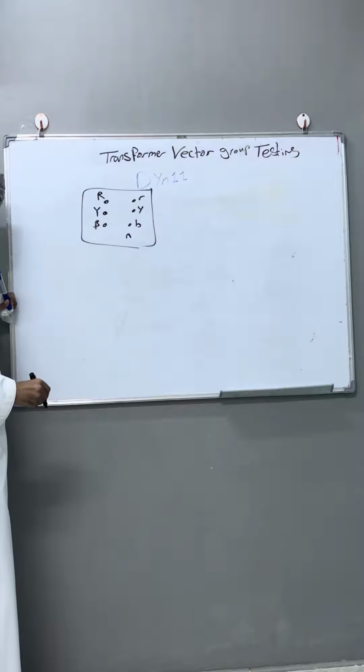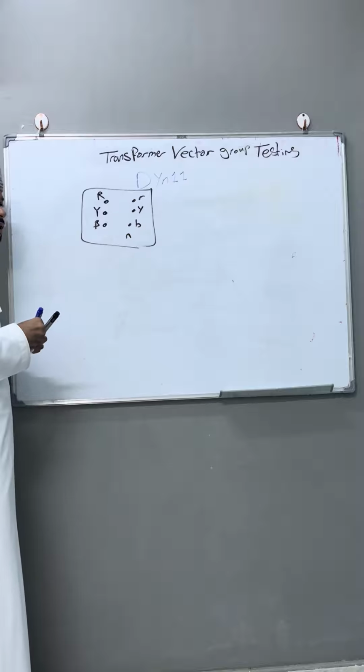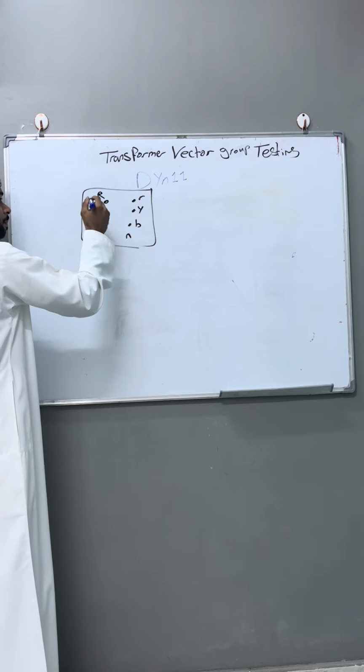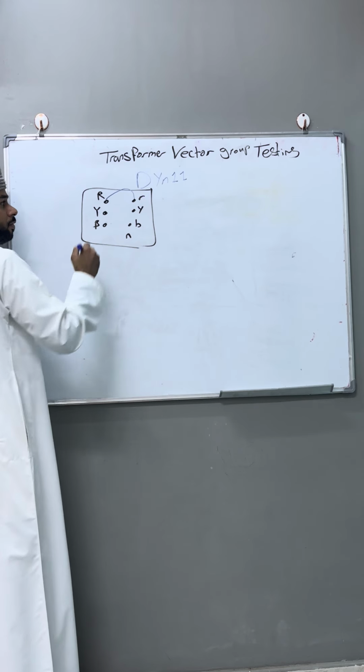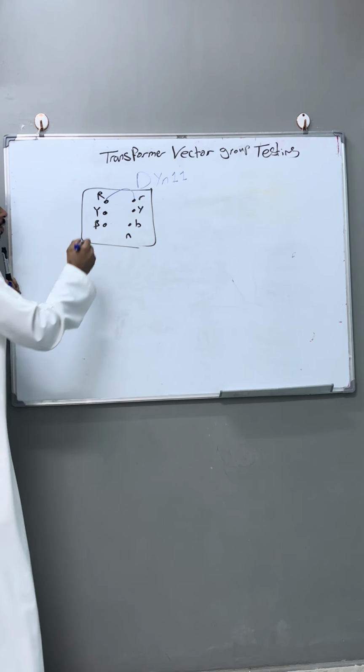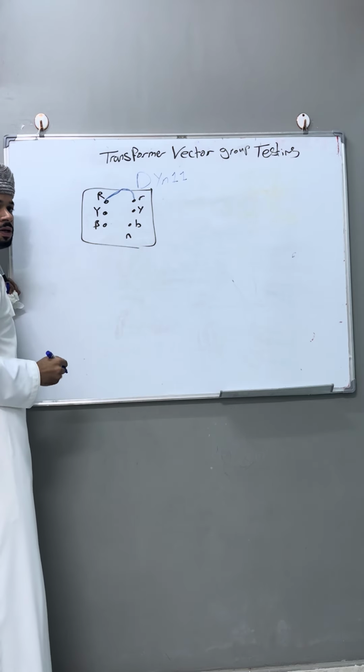So the first thing we need to do when we test this Dyn11 power transformer is make a jumper between R capital and R small, like this. First we make a short between R capital and R small.